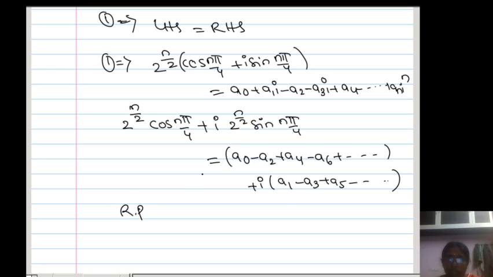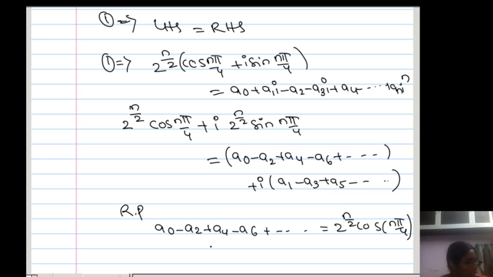If you equate the real part, a0 minus a2 plus a4 minus a6 and so on is equal to 2 power n by 2 into cos n pi by 4. The imaginary part on the RHS is a1 minus a3 plus a5, and so on.